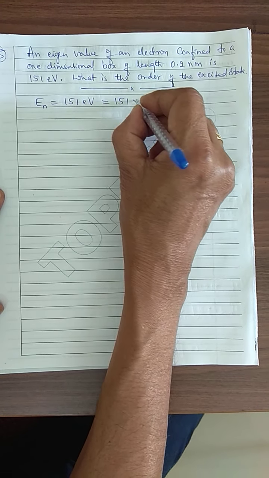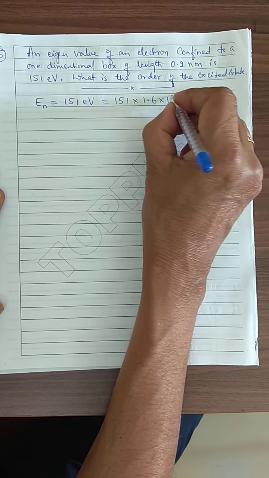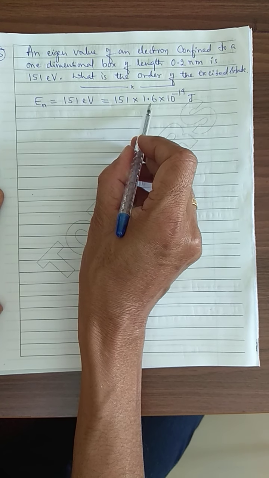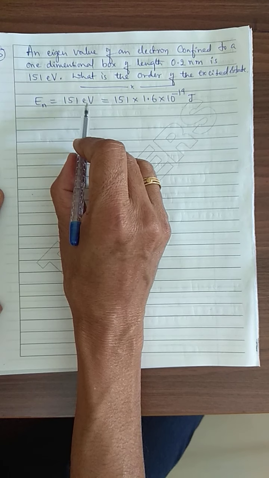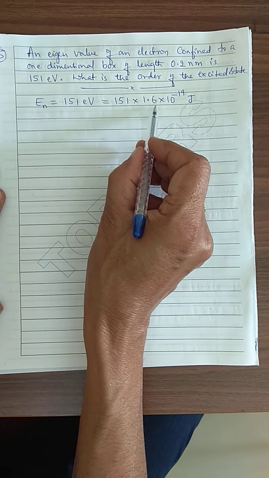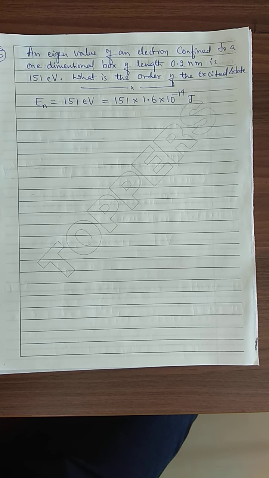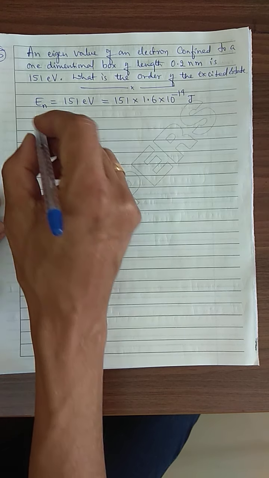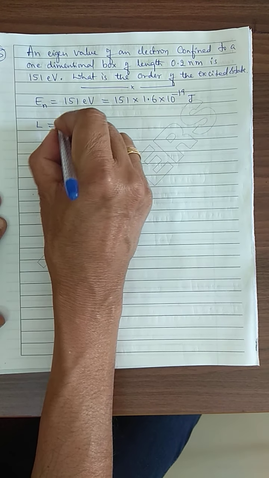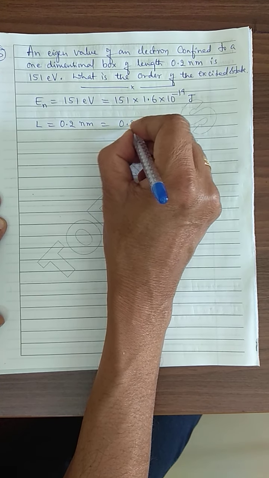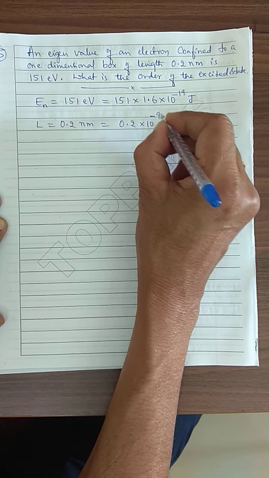Joules to eV, you divide by 1.6 × 10^-19. eV to joules, you multiply by 1.6 × 10^-19, because 1 eV is equal to 1.6 × 10^-19 joules. L is given as 0.2 nanometer. Convert it in the form of meters: 0.2 × 10^-9 meter.